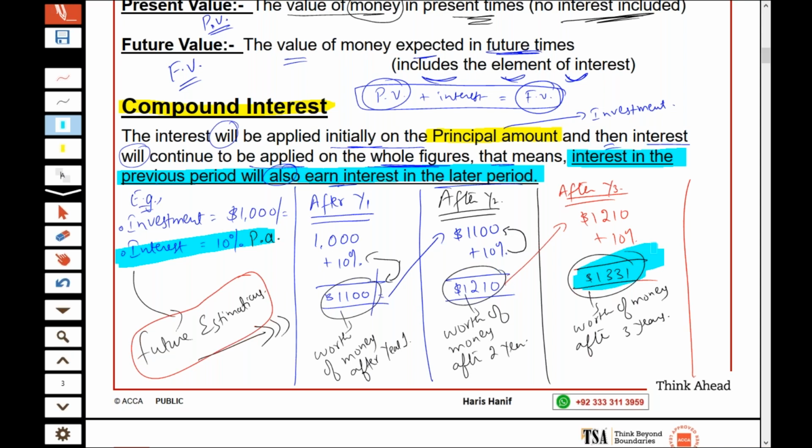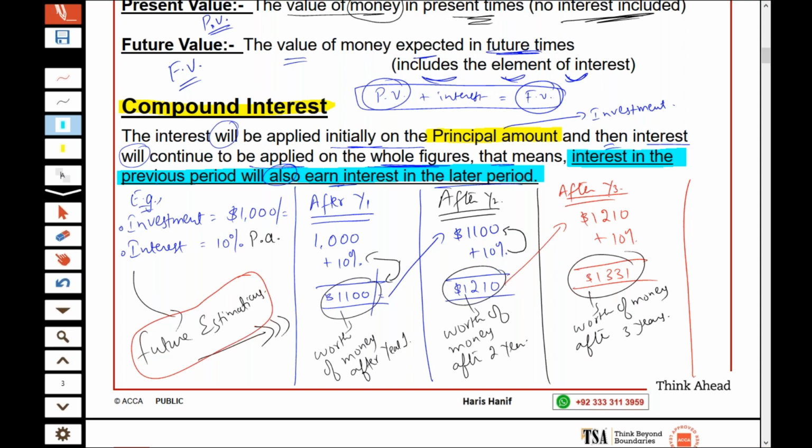If it is worthy in your perspective, you should go ahead and make this investment. In this chapter we are not estimating the cost. We are estimating for the money, for the interest, that what will be the value of my money after 2, 3, 4, 5, 6 years, whatever.